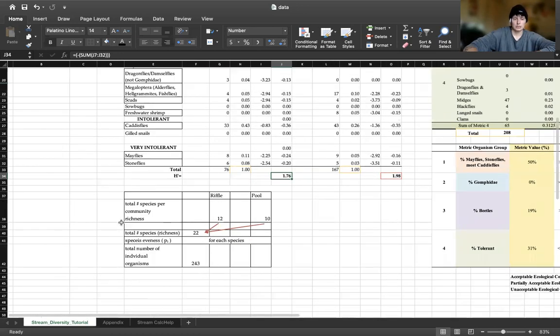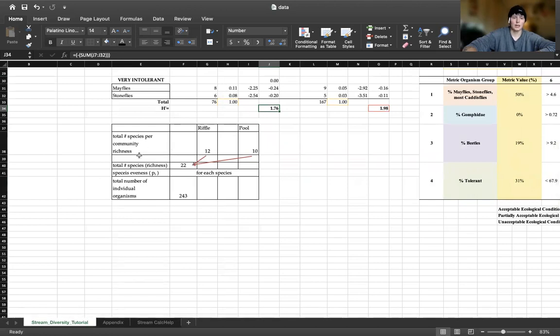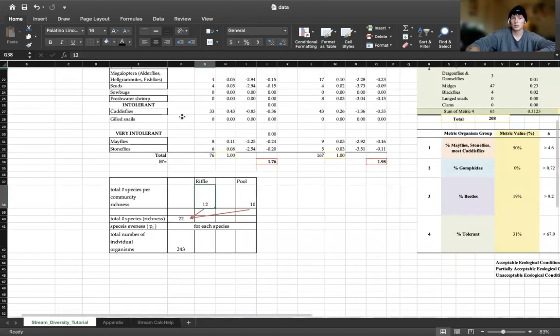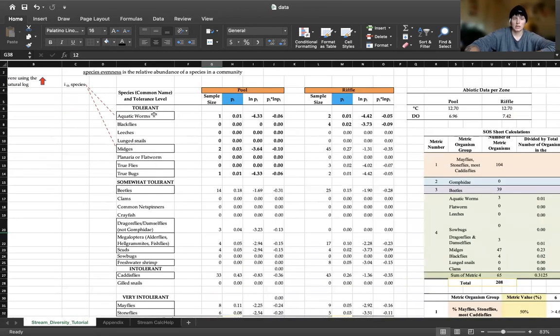So down here, I made a little table to assess the riffle and the pool and the entire community together, just to get an idea of what the species richness and evenness look like. So this first row is the total number of species per community, or species richness. So what I did was just go through this data table and count the number of species that we saw. I'm not going to count the number of occurrences that we saw, just the number of species.